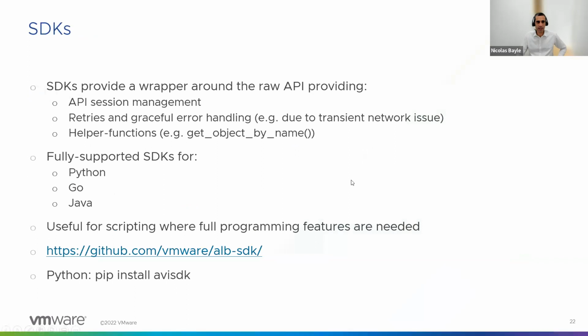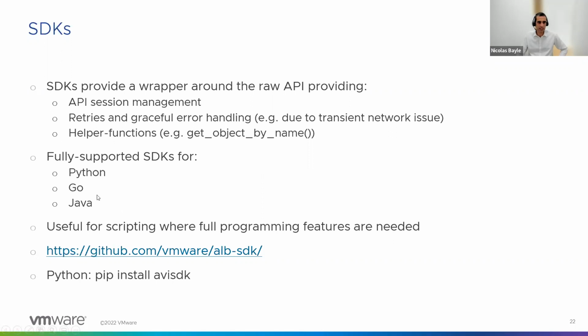What about the SDK? Well, as you know, the SDK provides basically a wrapper that will help you connect to the API. It will handle API session management. Of course, if there is something wrong with the network, hopefully we have error handling, and we also have some functions that you can use, for instance, to manage the different objects of the AVI solution.